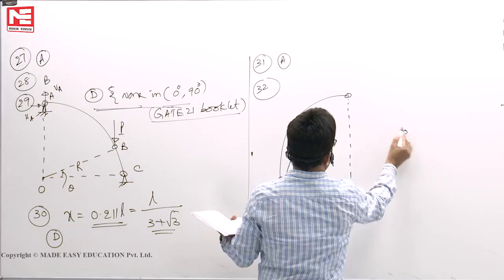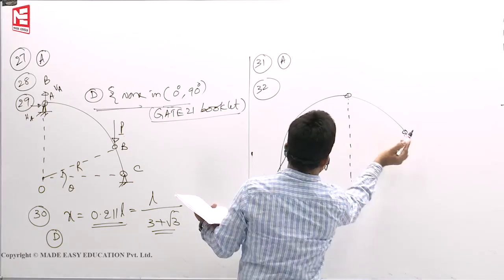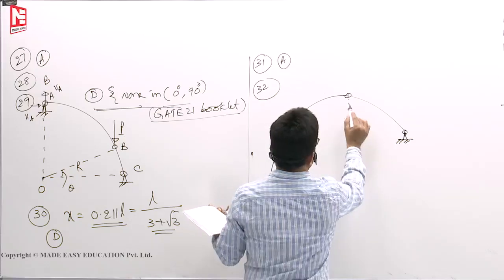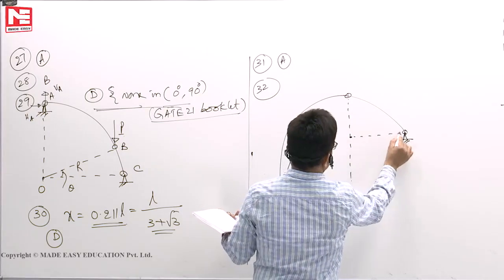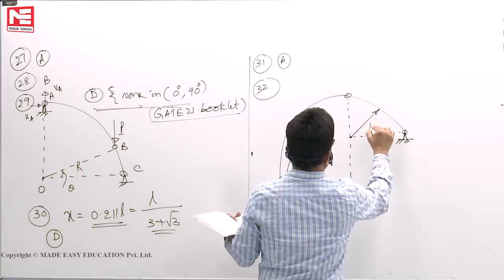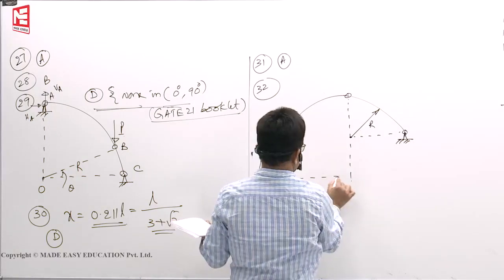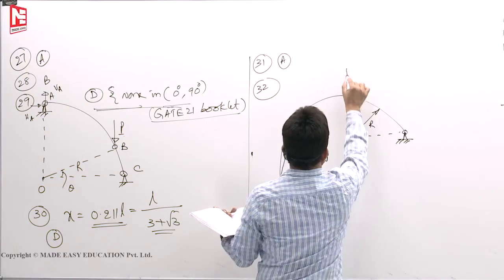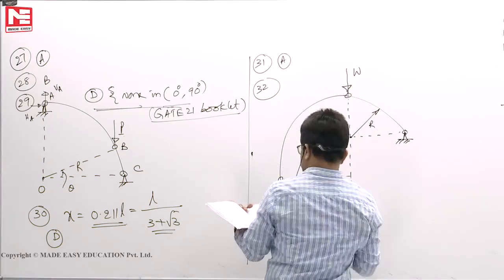Another is only a smaller one, like this. Radius R. This is 2r. Then at the center crown there is a point load W.